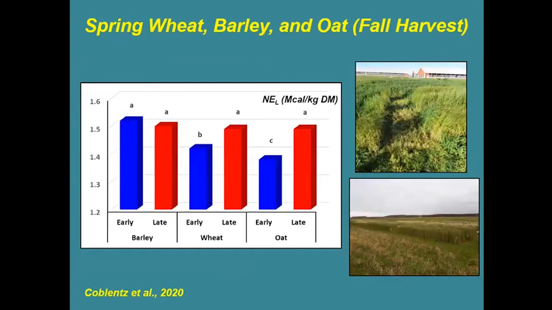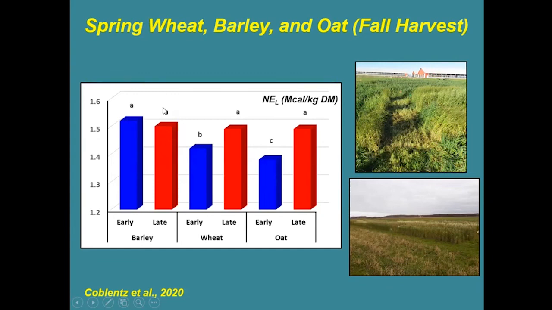Now, just as a comparison here, if you look at the energy content expressed as net energy of lactation for these forages, the early varieties of wheat and oat were depressed relative to the late varieties. And I think that is directly related to the maturity issue. However, you'll notice that that did not occur for the barley.